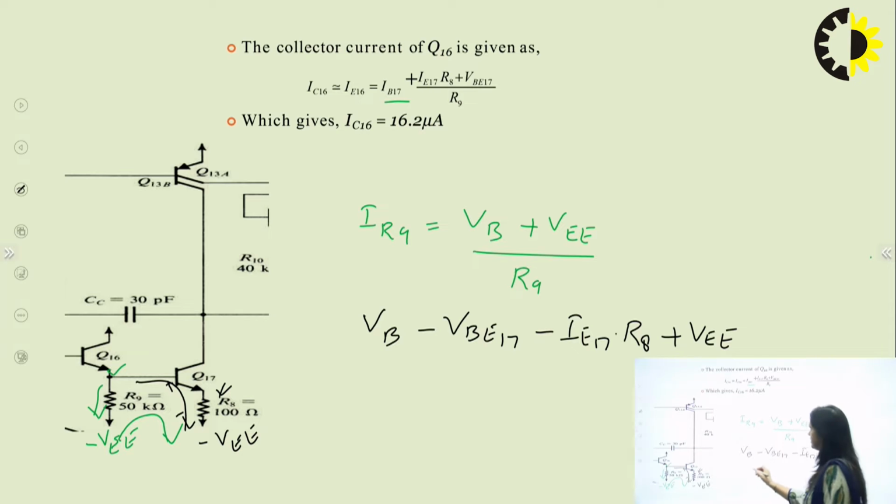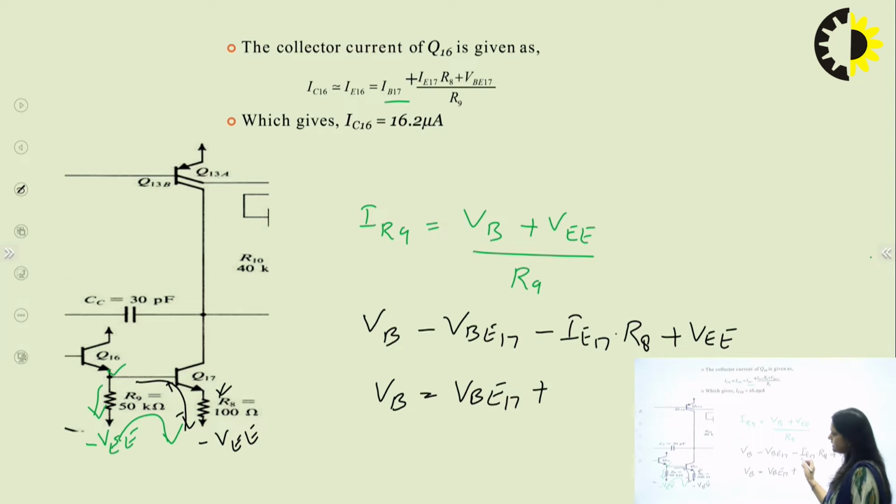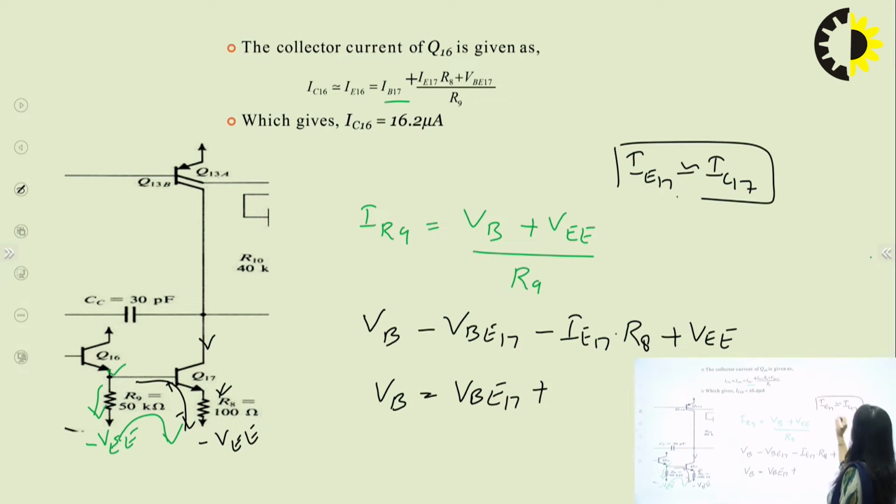From here we can calculate the value of VB, that is equal to VBE17 plus IE17 into R8 minus VEE. I can equate IE17 with IC17, and we know the value of IC17. So here I can write IC17 into R8 and minus VEE.